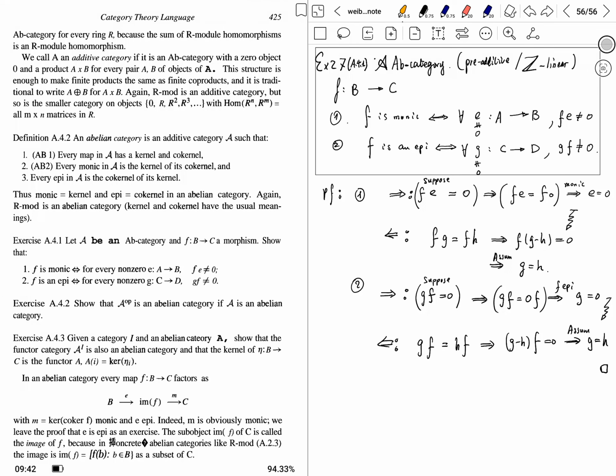Exercise 27 corresponds to this 8.4.1. An AB category, recall, means a preadditive category or Z-linear category. It's the same thing with different terminology.